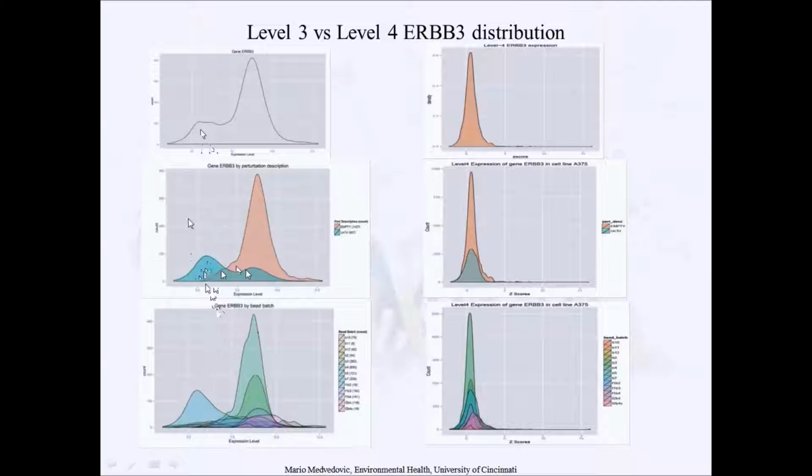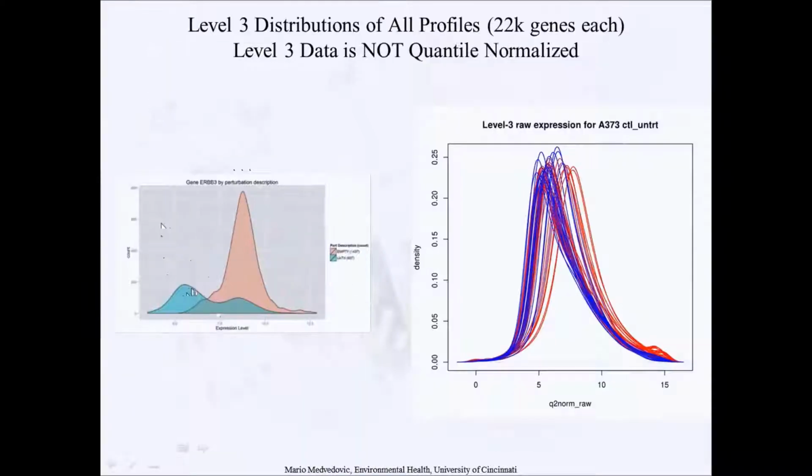So the question is, what happened there? One thing that I wasn't aware of is that level 3 data is actually not quantile normalized. If we look at whole profiles, these 2,000 profiles, not just ERBB3, but all 22,000 genes, so measured genes and genes that were imputed, and if you look at their overall distributions, densities, they are actually quite different.